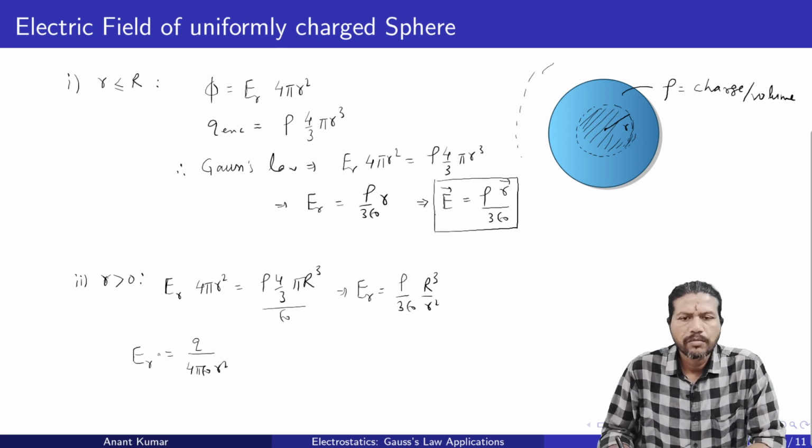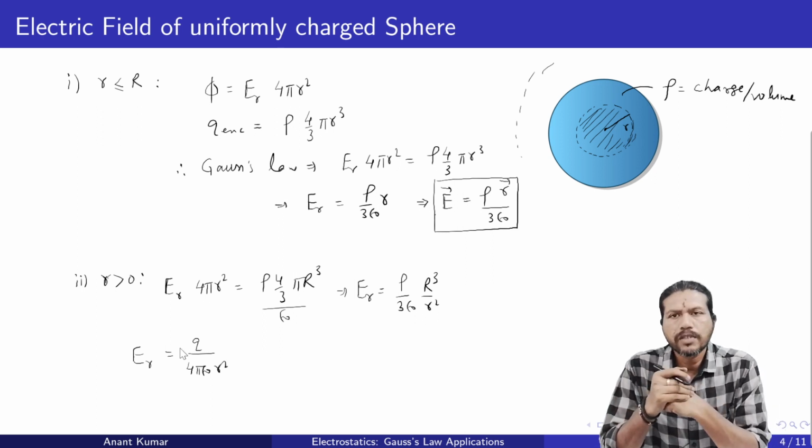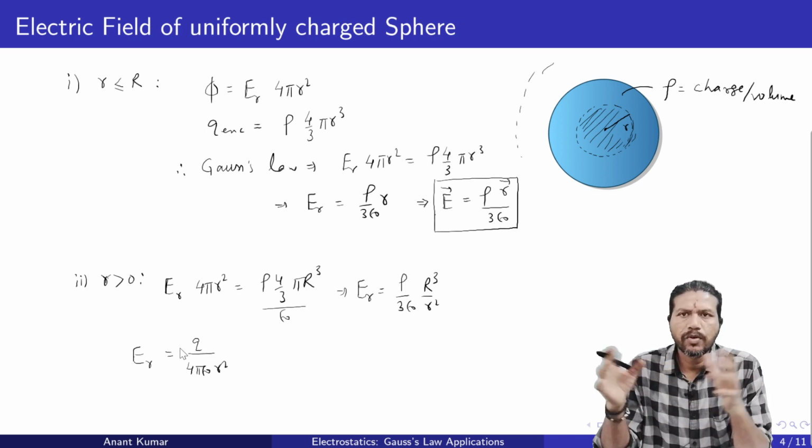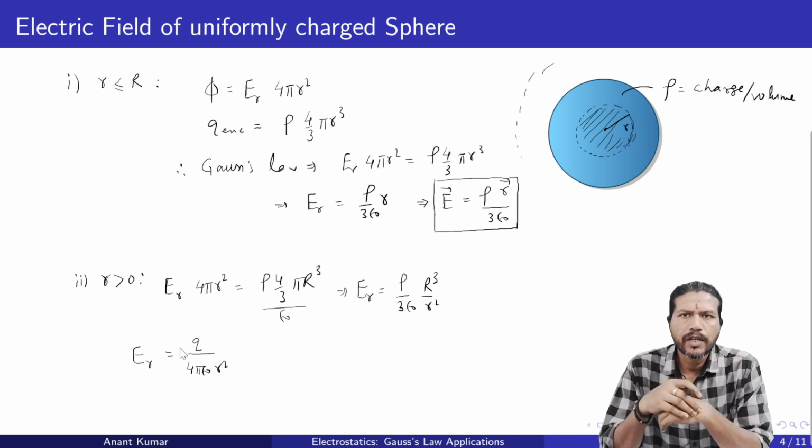This is nothing but the electric field of a point charge. That means effectively that for outside points, we can think of this sphere as if it were a point charge. That's the reason why Coulomb's law is applicable for two spheres which are uniformly charged as well, because for each of them the other looks like a point charge from the outside.